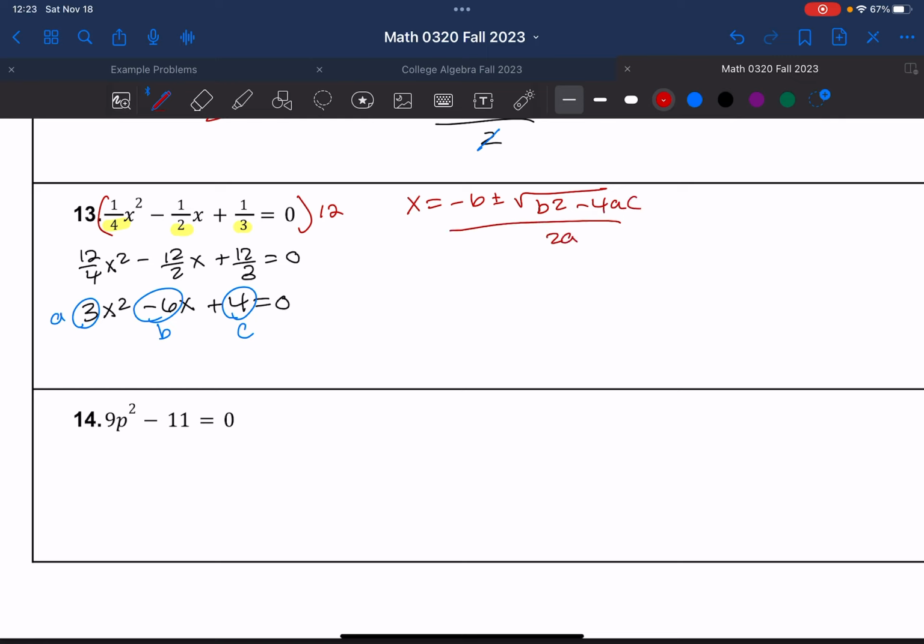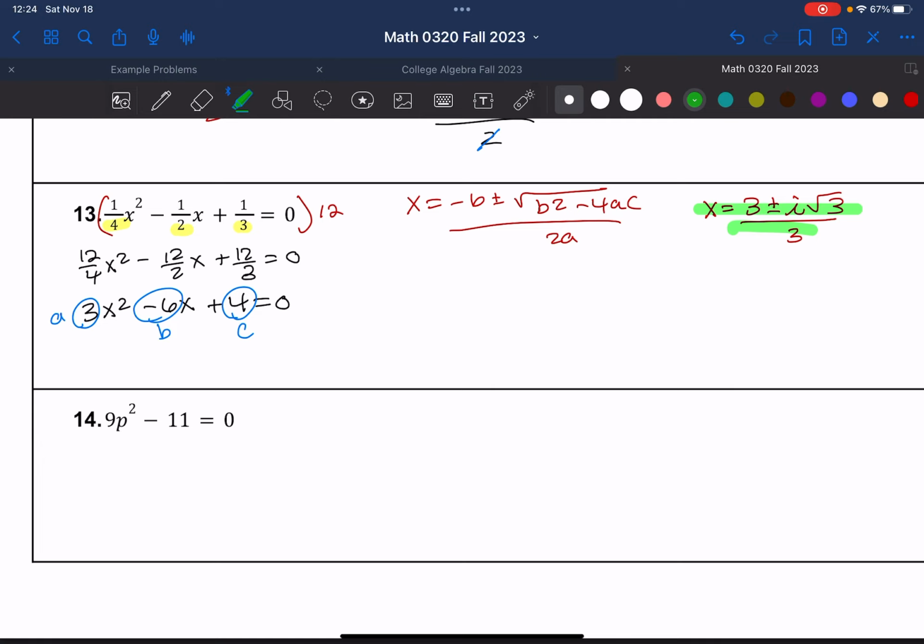And if you did it correctly, you should get x is equal to 3 plus or minus the square root of 3 over 3. And remember, you could write that as two answers or keep it together. So self-practice, you should get that answer.